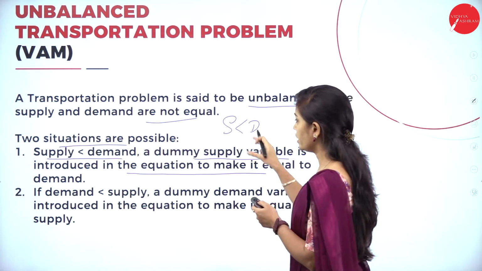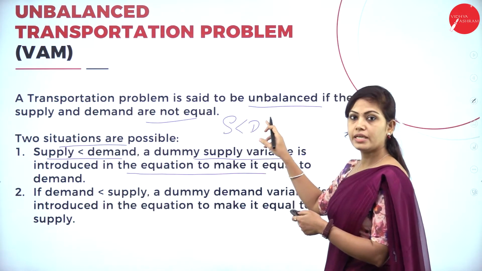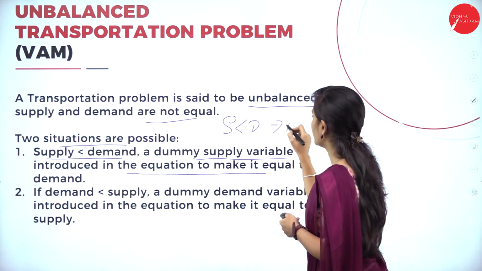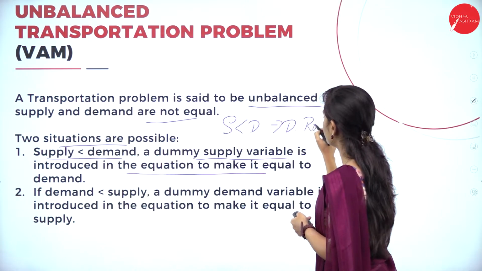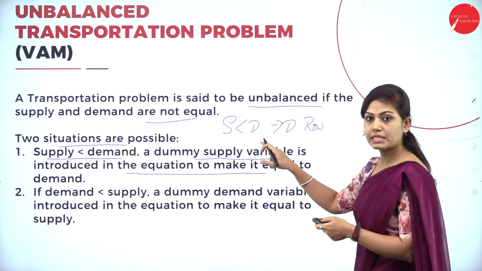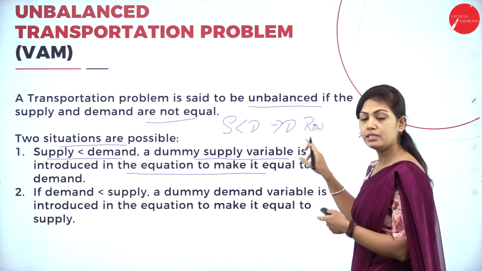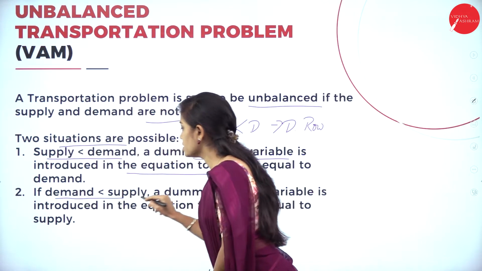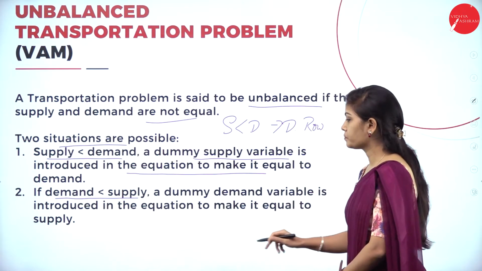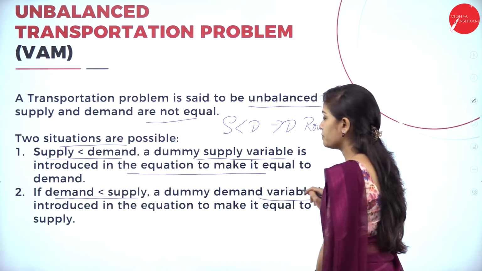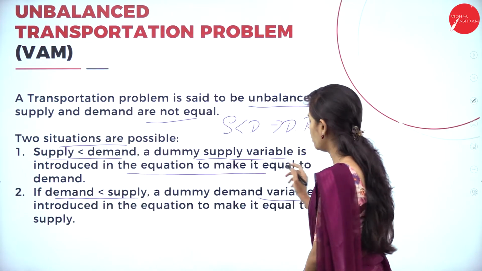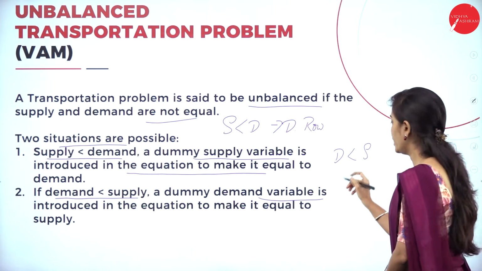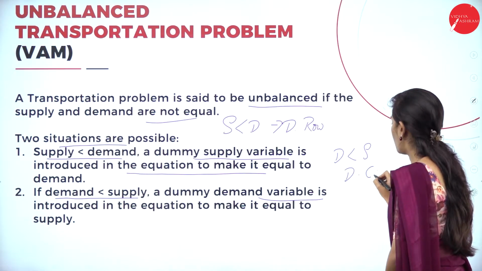So if your supply value is less than demand value, you can add a dummy row. And if demand is less than supply, a dummy demand variable is introduced. So if your demand value is less than supply value, we can introduce a dummy column.